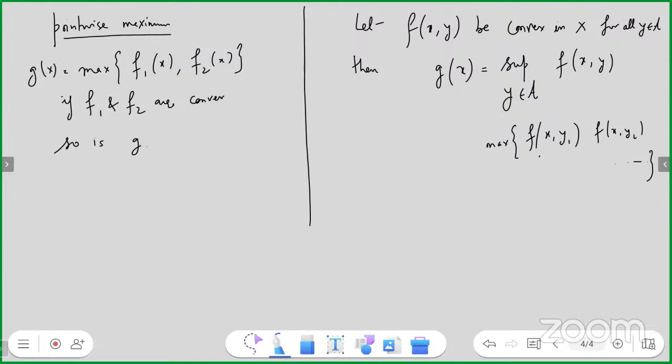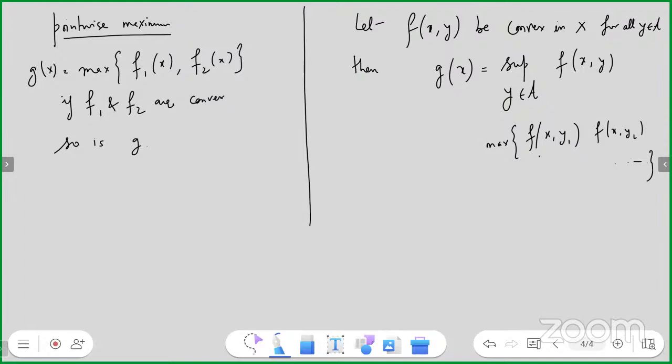Be very clear about it. X itself could be multidimensional. There is nothing stopping you from taking x to be multidimensional, nothing stopping you from taking y to be multidimensional. All we're saying is, if we freeze the y, then f is convex over x. That's all we're asking. Then if I supremize over all possible y's, the function g remains convex.